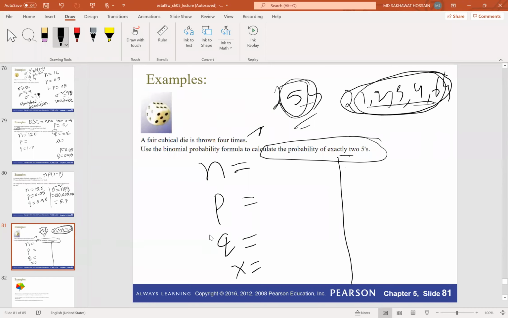So the probability of success is 1/6 and probability of failure is 5/6, right? Does that answer your question? Yeah, now you got the correct answer. P is 1/6, Q is 5/6, N is 4, and X is 2.